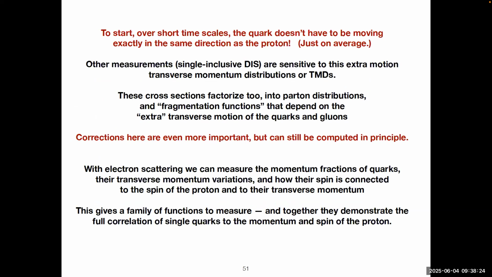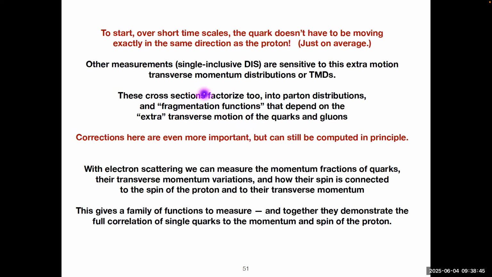To start, over short time scales, the quark doesn't have to be moving in exactly the same direction as the proton, just on average. And this little observation leads to the idea of transverse momentum dependent parton distributions, or TMDs.